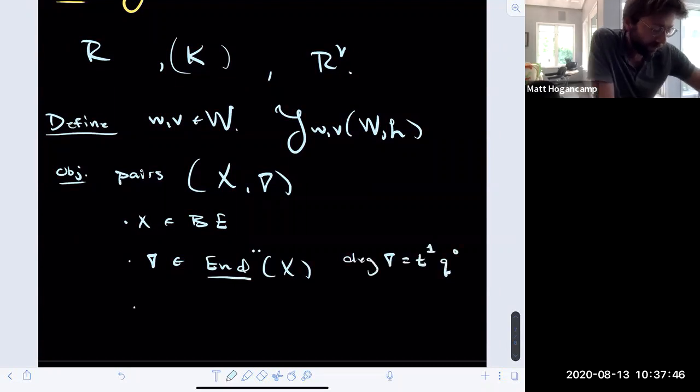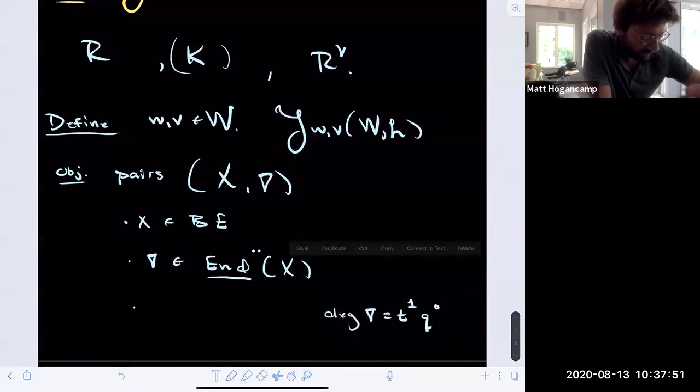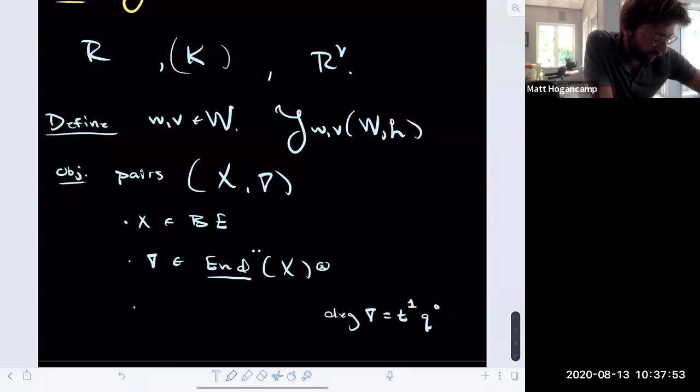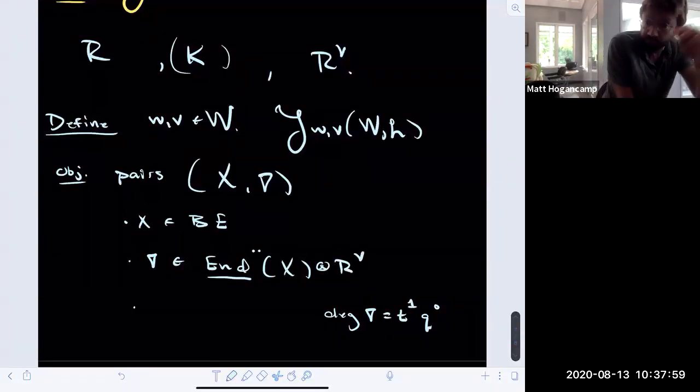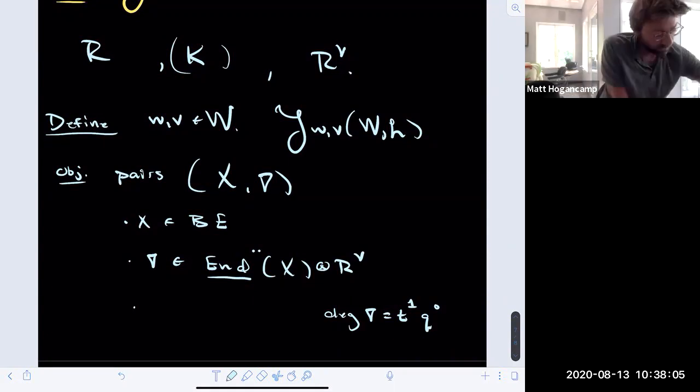I also require, oh, sorry, it's not living in the endomorphism algebra of X. I want to adjoin a copy of R check. So you should think of this as just an extension of scalars. I just take the endomorphism algebra and now I allow coefficients to include polynomials in Y. So I require that this differential agrees with the given differential on X, mod Y's.